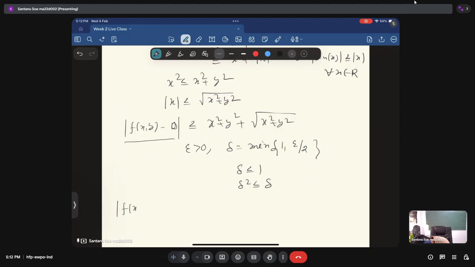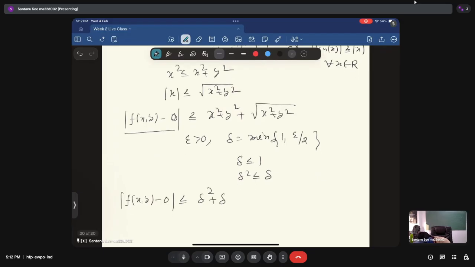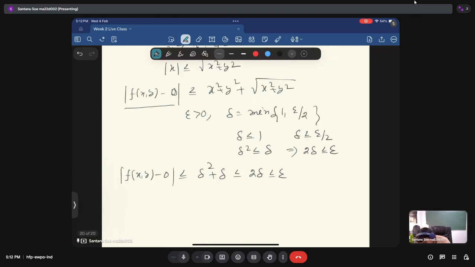So |f(x,y) minus 0| is less than or equal to delta square plus delta. Since delta square is less than or equal to delta, it will be 2 delta. Now delta is less than or equal to epsilon by 2, and this implies 2 delta is less than or equal to epsilon.